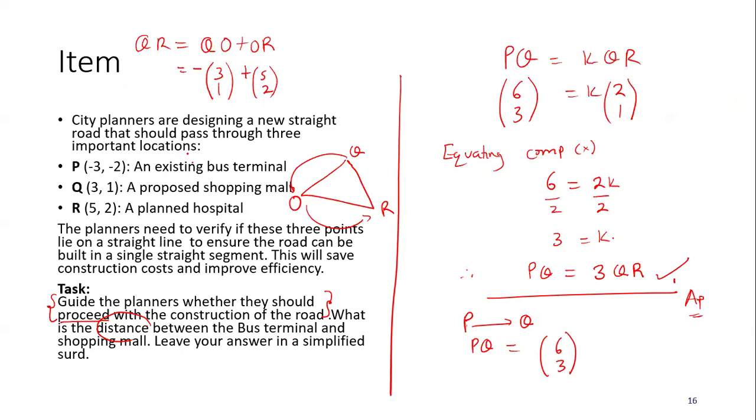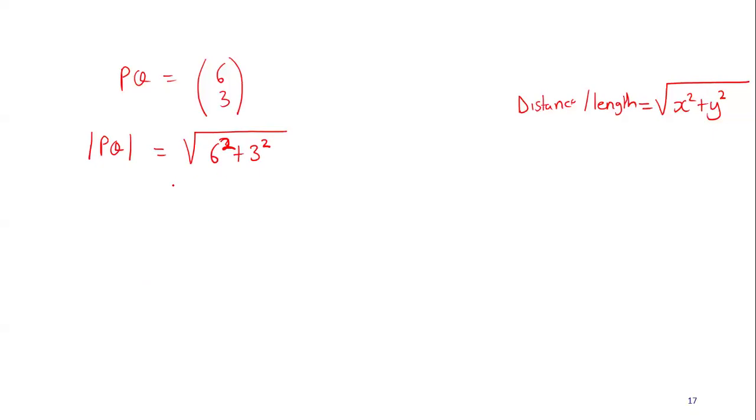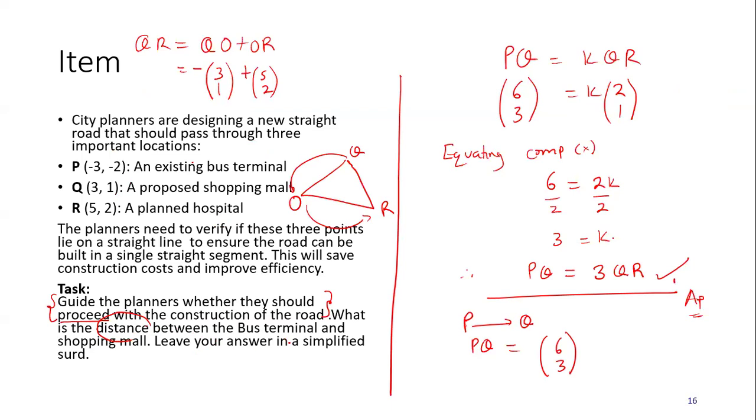From here, our P to Q was 6, 3. So I come and say, my 6 squared is 36 plus 3 squared, which is 9. Then you add 36 plus 9, which would be root of 45. Then they told you to leave your answer in a simplified surd.